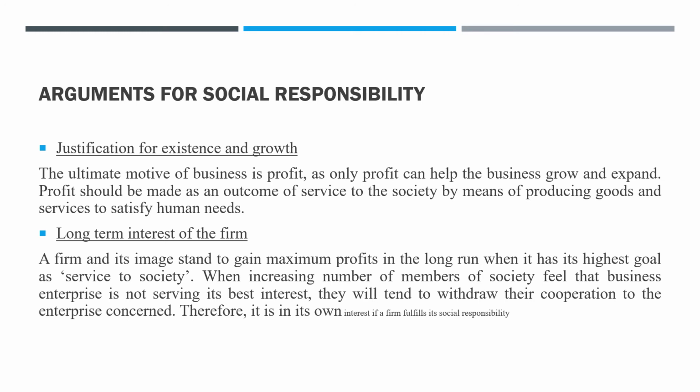So it's not in the long-term interest of the firm to keep on doing these unfair trade practices. So if a business wants to become a part of this society for the longest period of time, it must comply with whatever it is expected to.